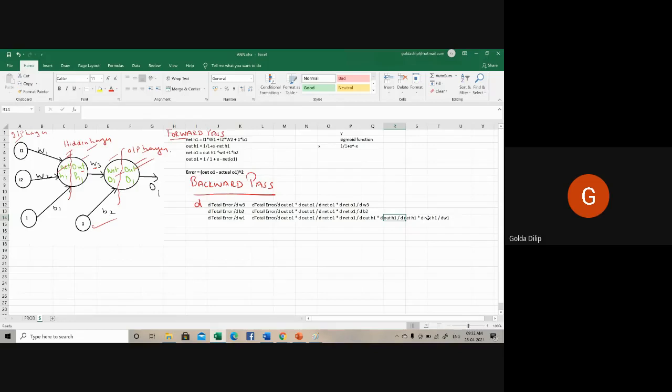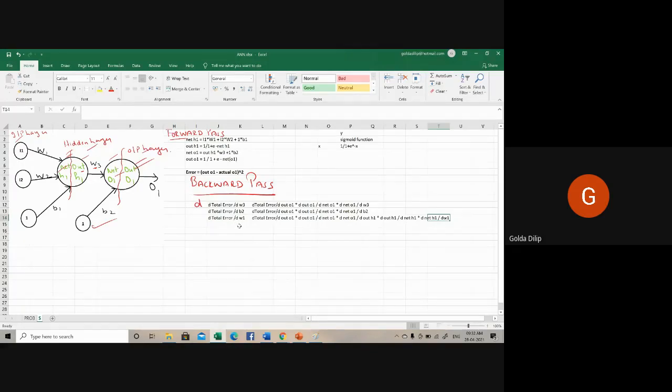And finally, net H1 with respect to W1. So the whole right hand side, about which I'm explaining, will give me the partial differentiation of total error at the numerator and partial differentiation of W1 at the denominator. That's d total error by dW1.